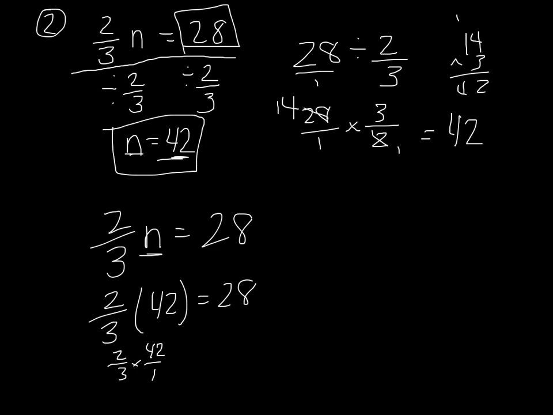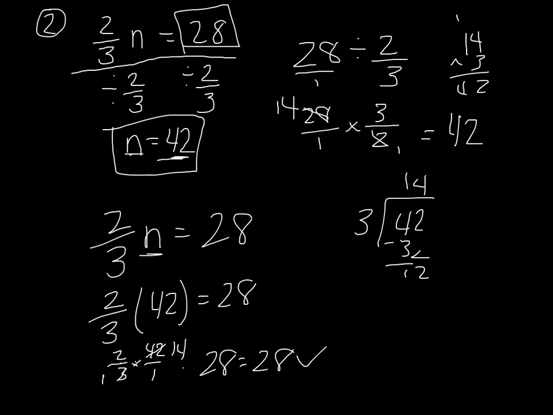I can divide by 3 and get a 1, and 42 divided by 3 is 14. So I would get 2 times 14, so 28 equals 28. It checks out. So I just take whatever I figured out n equals and put it right back into my original equation. Okay, let's start some new stuff now.